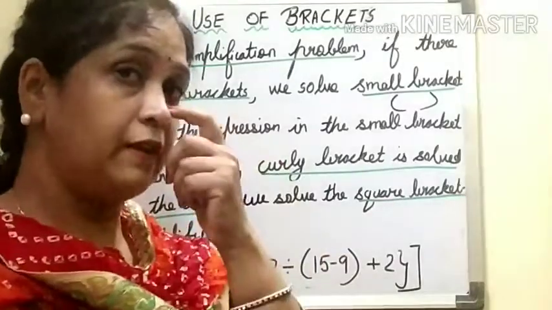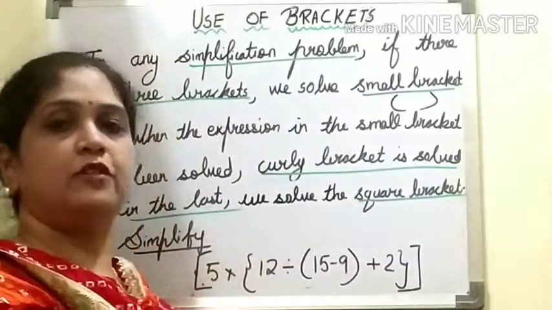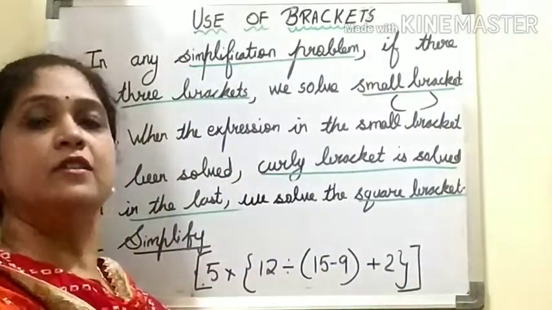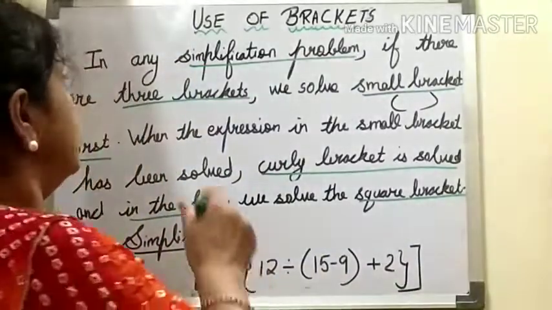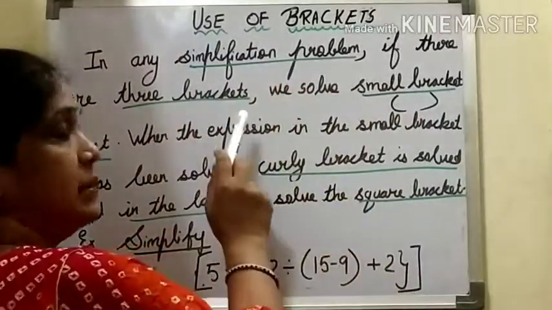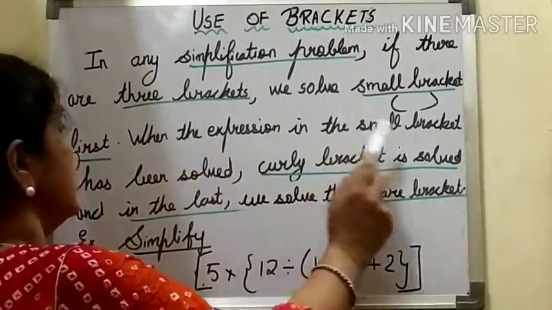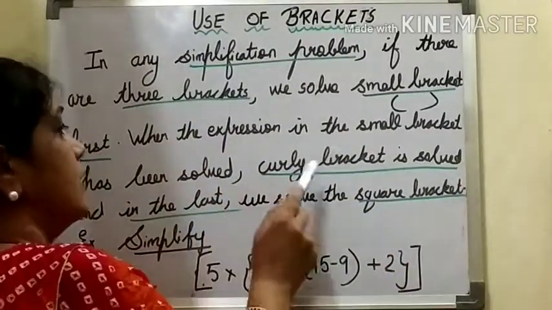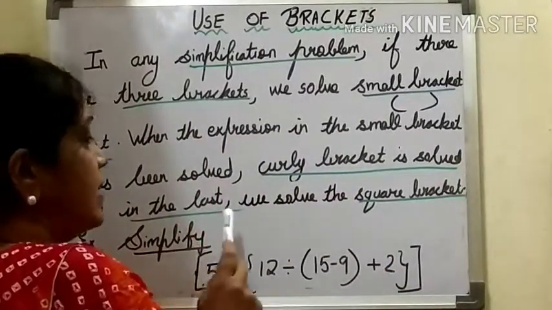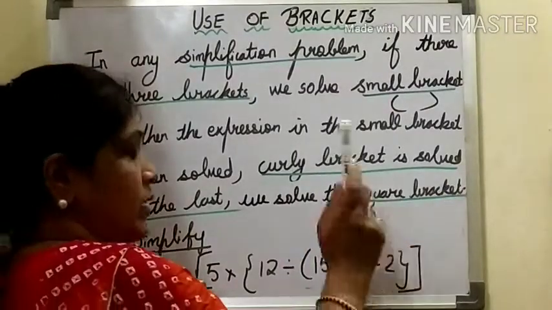Now, as we have learned about the three types of brackets, that is small bracket, curly bracket, and square bracket, in any simplification problem, if there are three brackets, we solve the small bracket first. When the expression in the small bracket has been solved, the curly bracket is solved, and in the last we solve the square bracket.